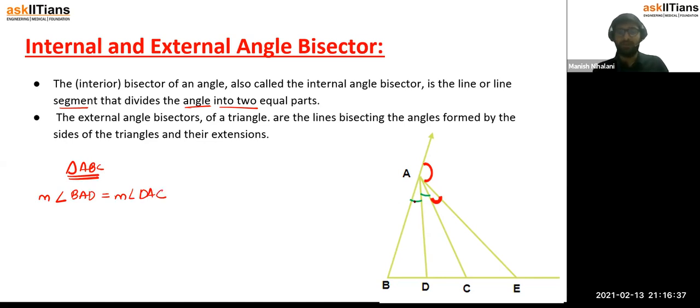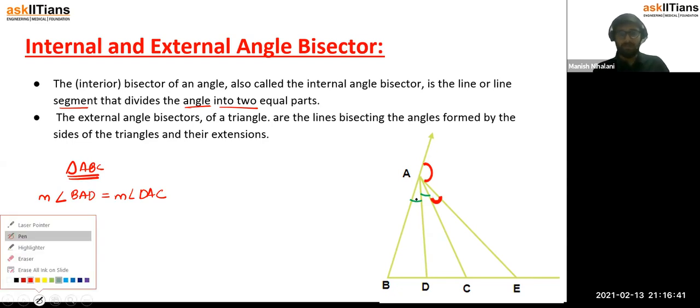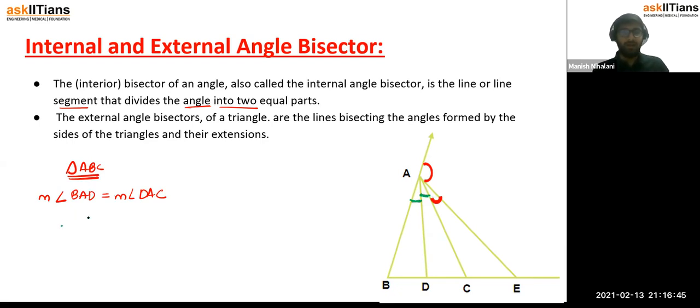Which means these two green angles are of equal measurement. So we would say AD is the internal bisector. Why do we call it the internal angle bisector? Because it is bisecting the internal angle A into two equal parts. So this is called the internal angle bisector, right?